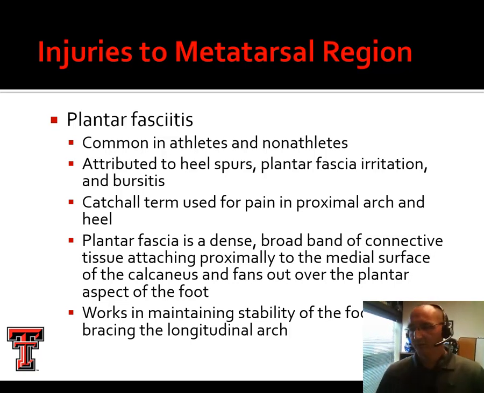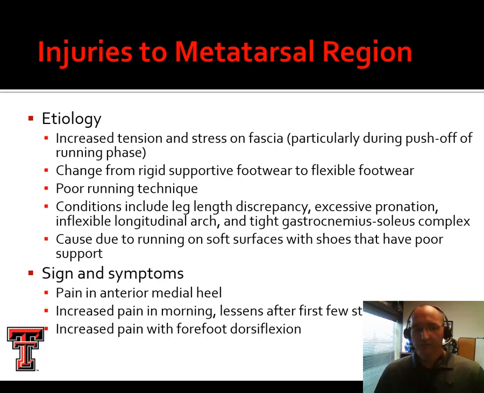So for this one, looking at ways to increase the mobility here is necessary. We might change them from rigid supportive footwear to a more flexible piece of footwear. This could be a result of poor running mechanics.